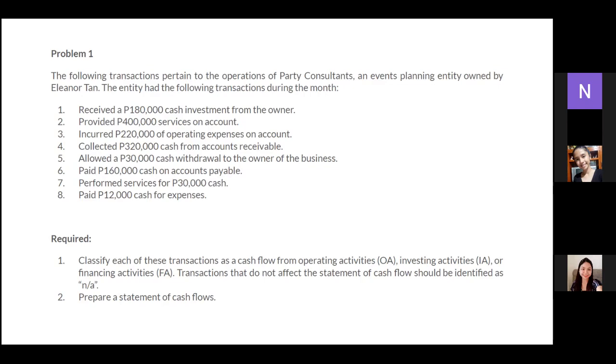So the requirements: first, we need to classify each of these transactions as cash flow from operating activities, investing activities, or financing activities. Yung hindi naman, transactions that do not affect the cash flow should be identified as NA. And second requirement is prepare a statement of cash flow. Next slide, please.